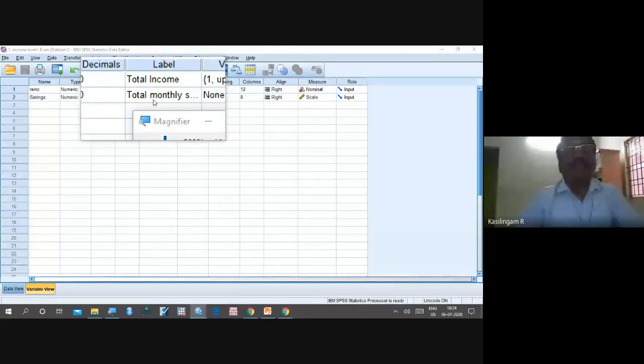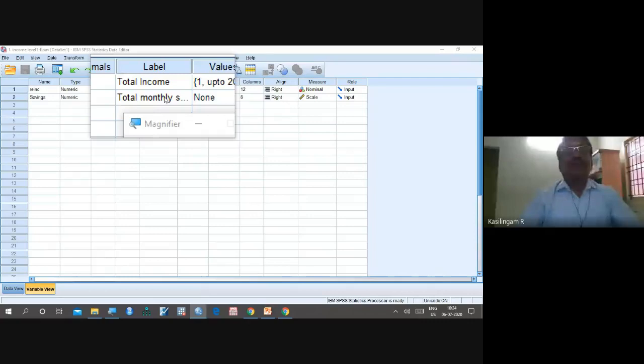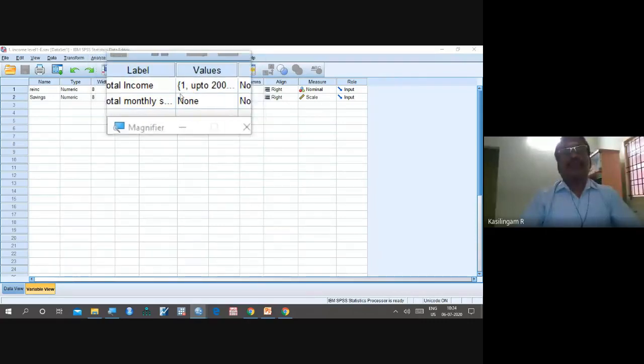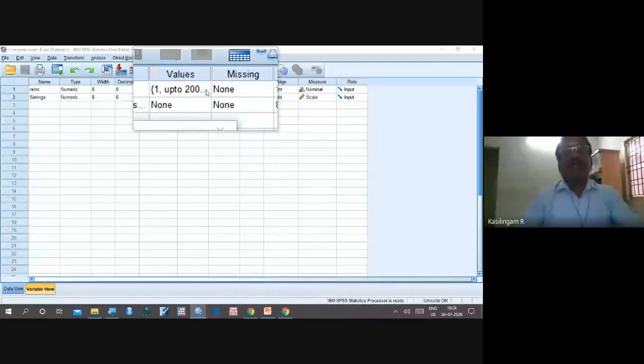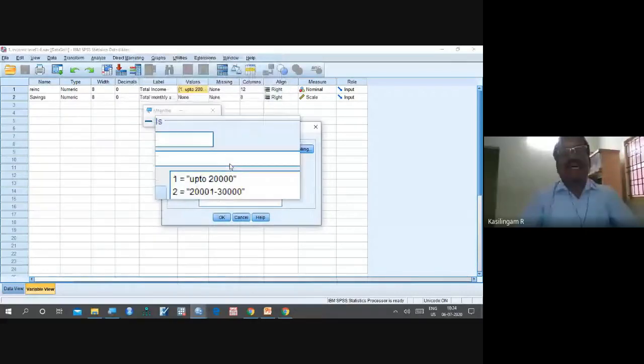One variable is total income, another variable is total monthly savings. Right. So now I'm looking at total income. The total income variable has values I have given, which contain 5 categories.